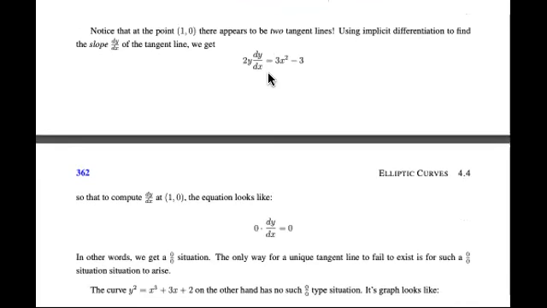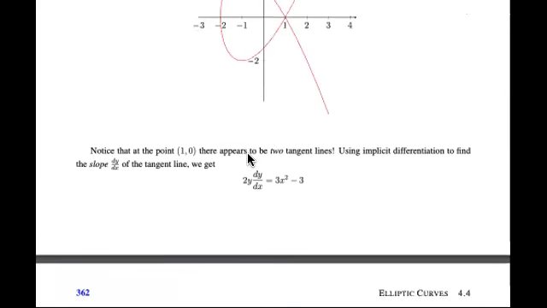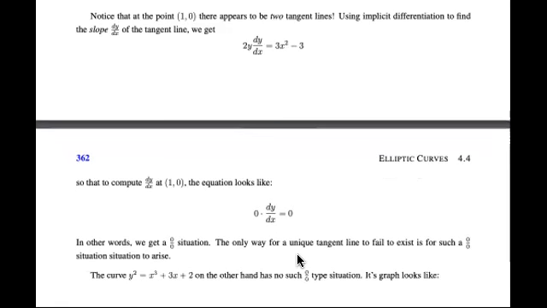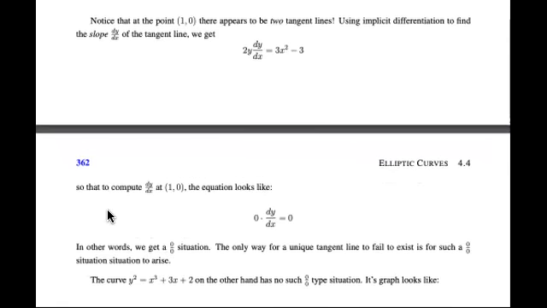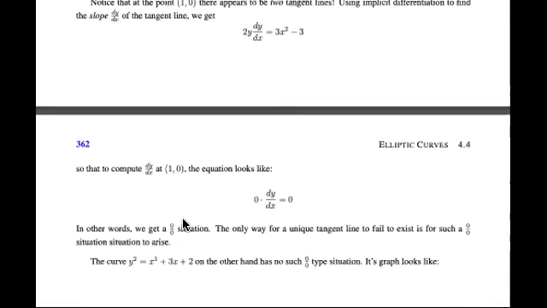And you'll notice that at the point (1, 0), which is the point in question right there, we have something happening. We have a 0 times dy dx is equal to 0. So if we solve for dy dx, we'd have a 0 over 0. If we want to avoid problems like this, it suffices just to avoid 0 over 0 type situations in solving for dy dx.